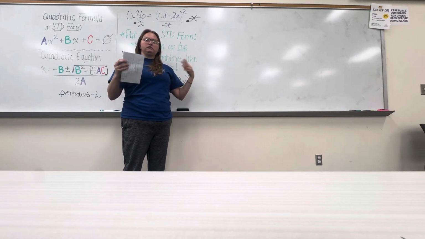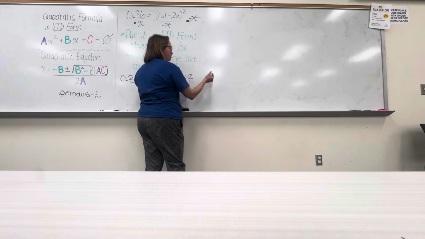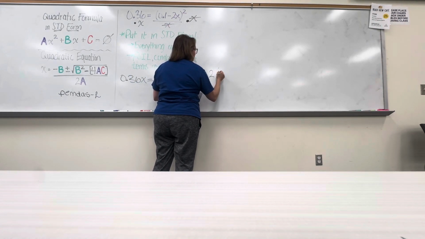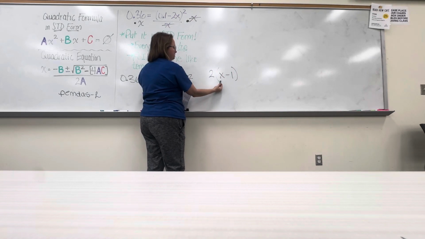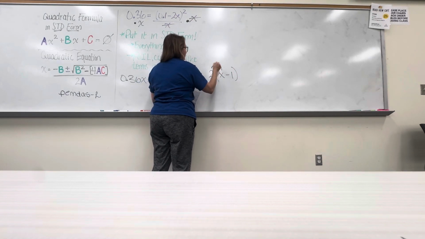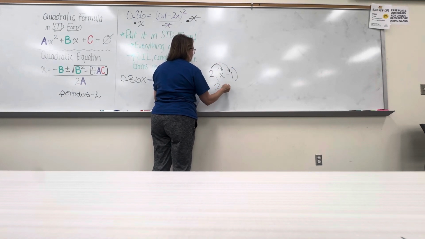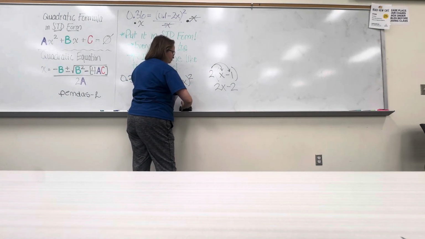In our previous videos, we learned how to distribute, say, a 2 through x minus 1, right? So to distribute that 2, we multiplied each term, right? So this would have given you 2x minus 2. That's the distributive property, okay?